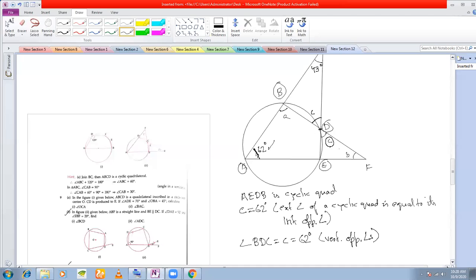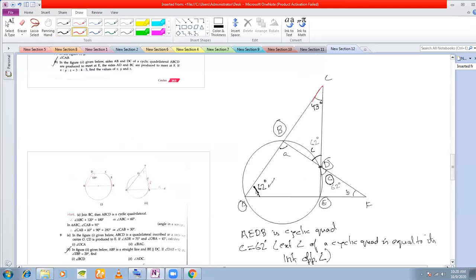Let us mark this also as 62 degree. So what should be the value of A? If you consider this triangle, 43 and 62 are interior opposite to this exterior angle of this triangle.